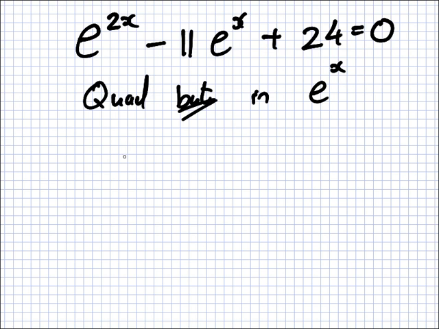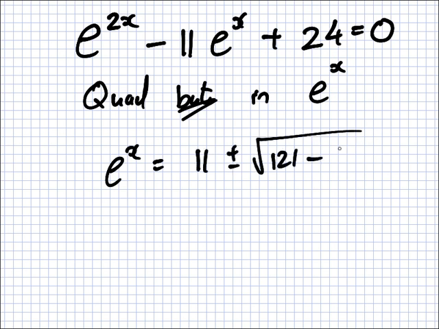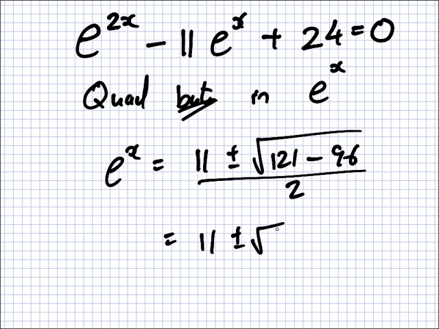Okay. So, you use the formula, for e^x. The formula is minus b, plus or minus, square root of b squared minus 4ac, all over 2a. So that's 11 plus or minus root 25.